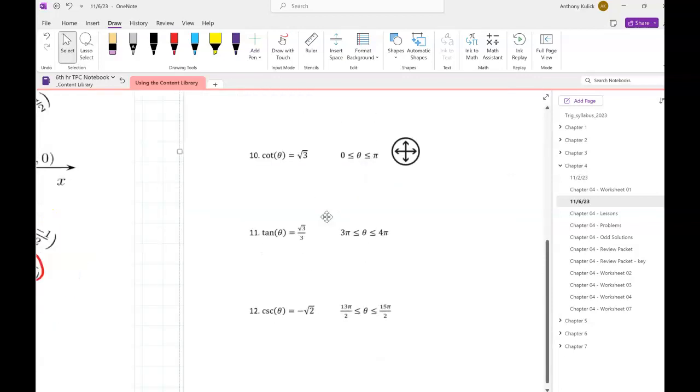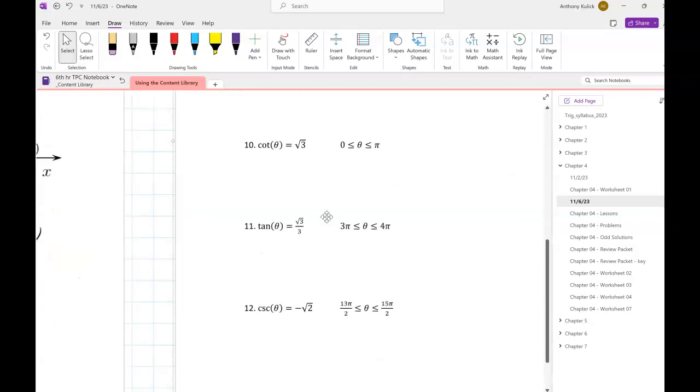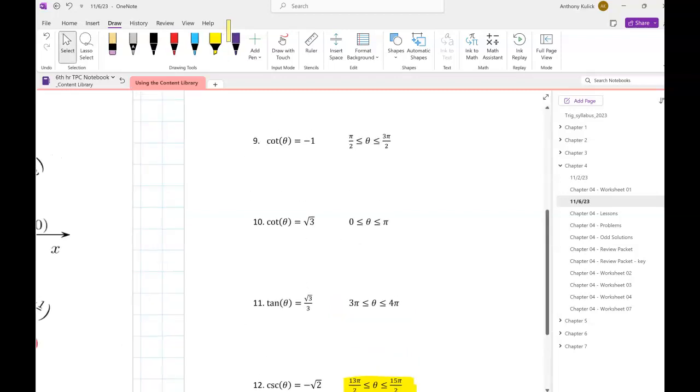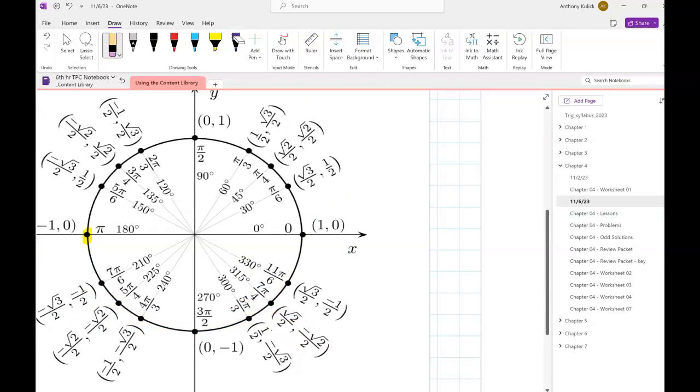All right, let's see. 12. Okay. So first thing, let's identify where 13 pi over 2 to 15 pi over 2 is. So I'm going to erase my marks over here. So we're starting at 0.